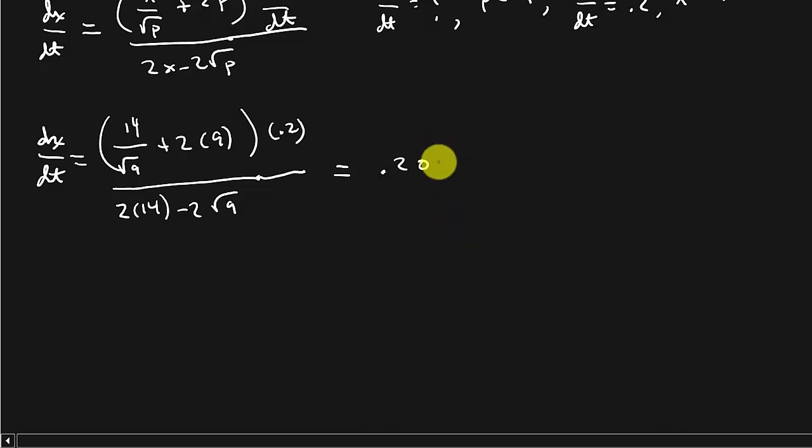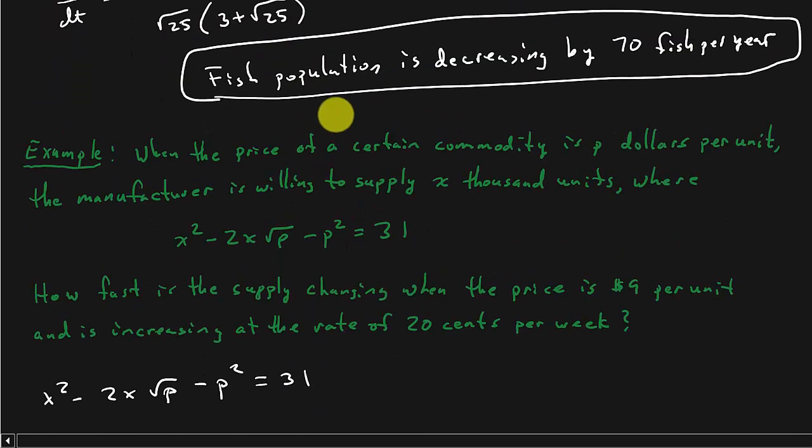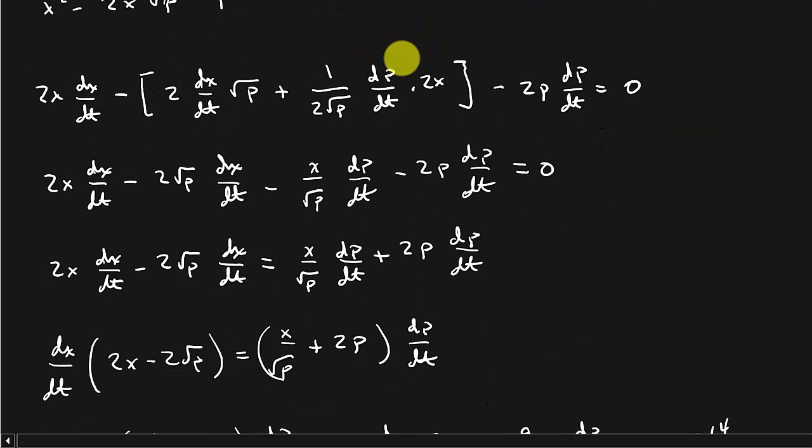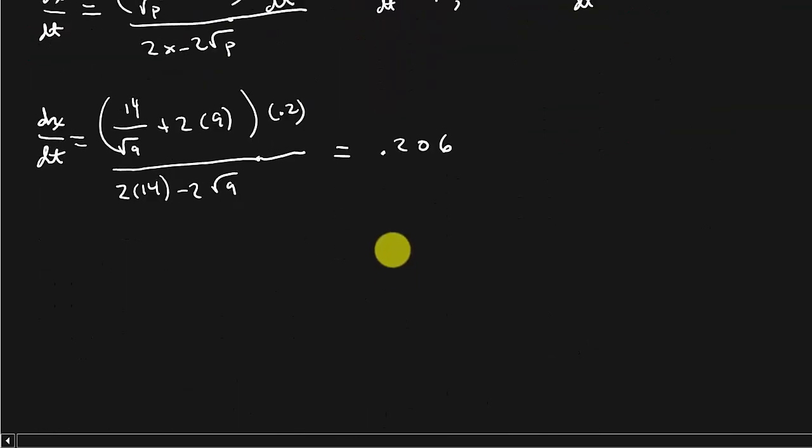You get to use a calculator, so just pop that into your calculator. All right, now remember, it says that our supply, x is in thousands of units, okay? So remember that.